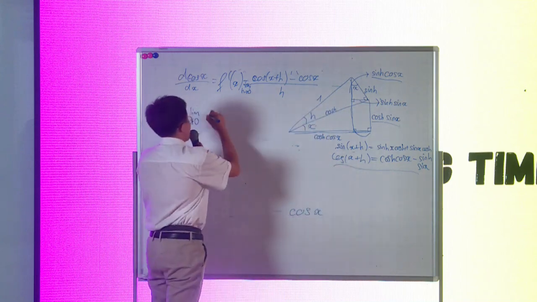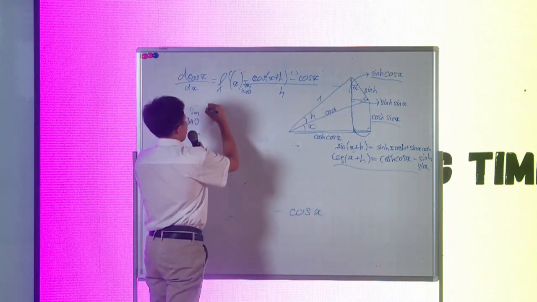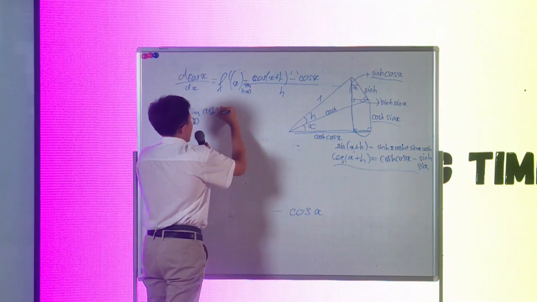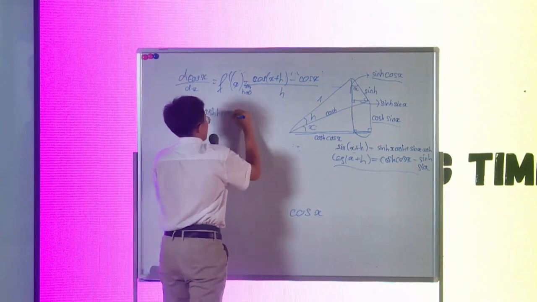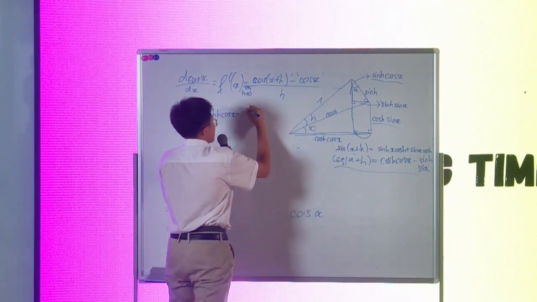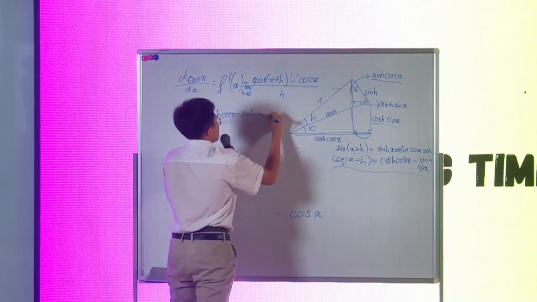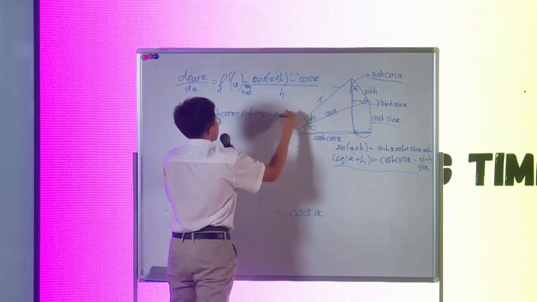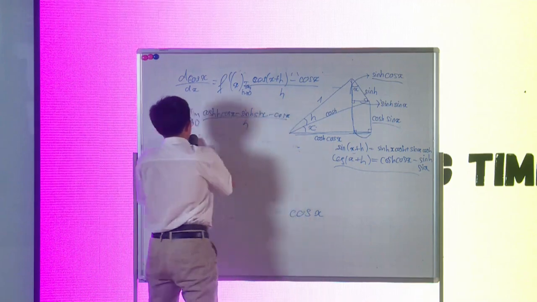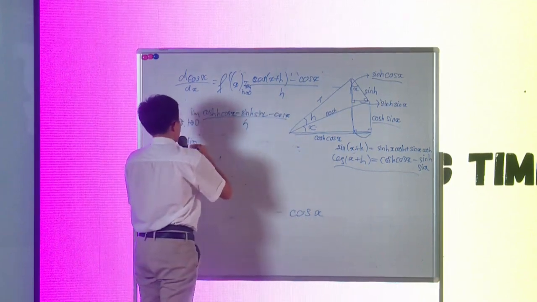So we will use that and we will get the limit of h to 0 of cosine of h cosine of x minus the sine of h sine of x minus the cosine of x over h.